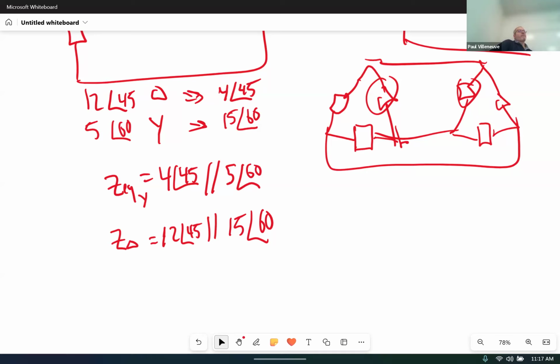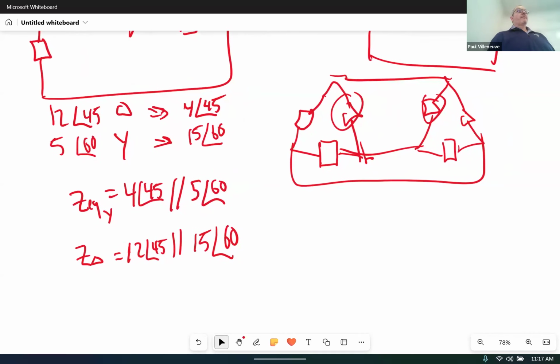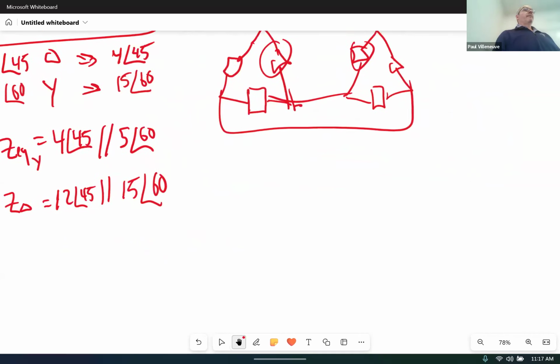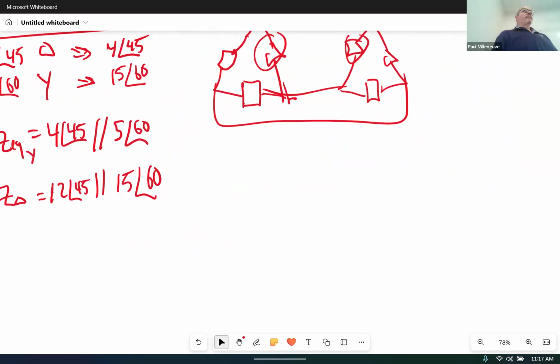What I'm doing is, the first answer, your Z equivalent with the Y was different from the Z equivalent with the delta. Absolutely. So, are they not supposed to be the same?